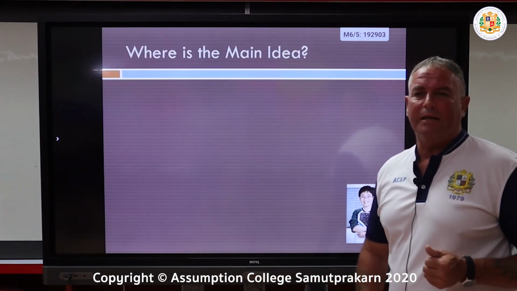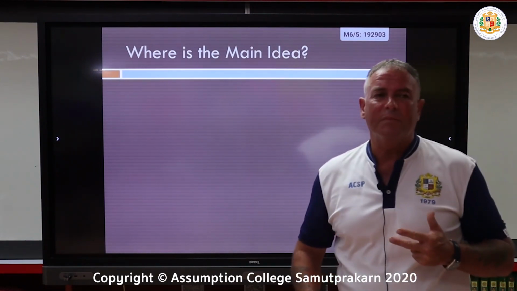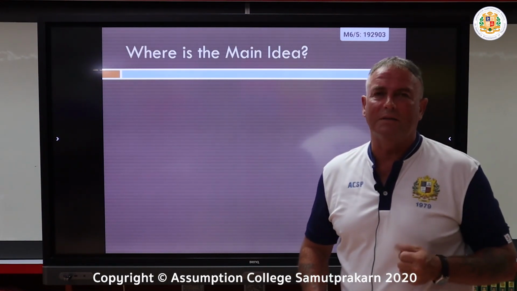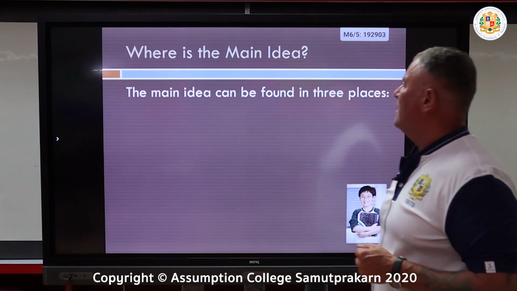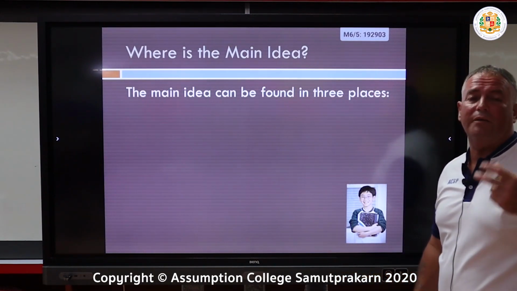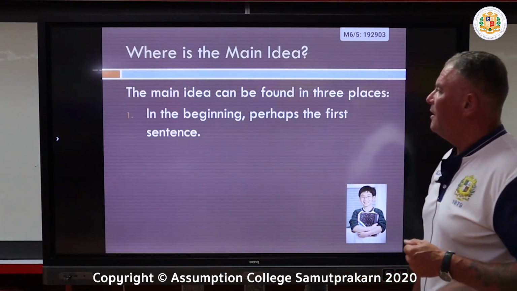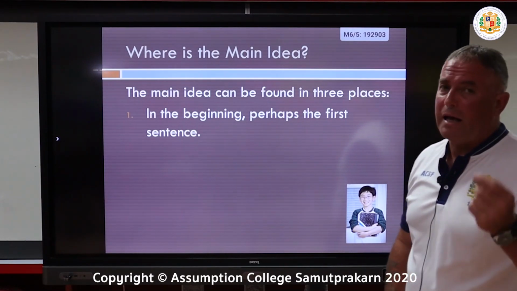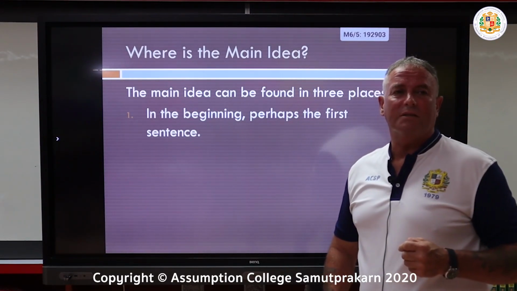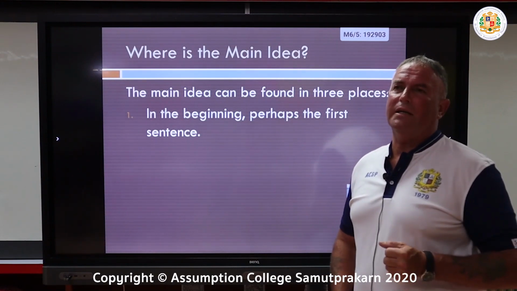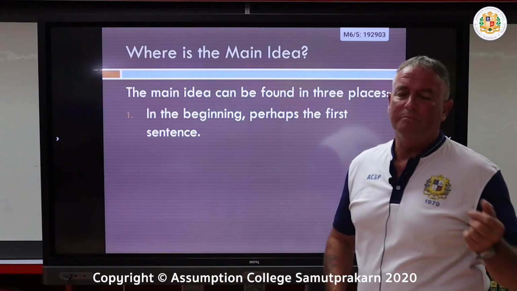Where is the main idea? Now, the main idea can be found in three different places. In the beginning, perhaps the first sentence. Most main ideas are found in the first sentence, but not all.